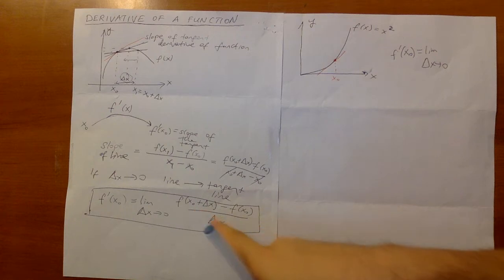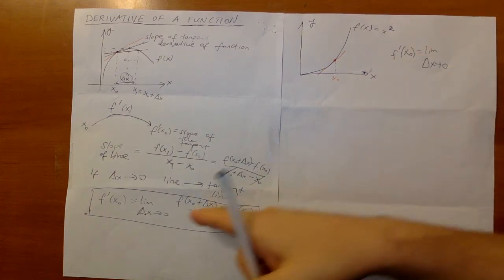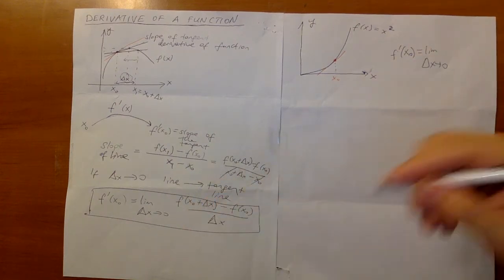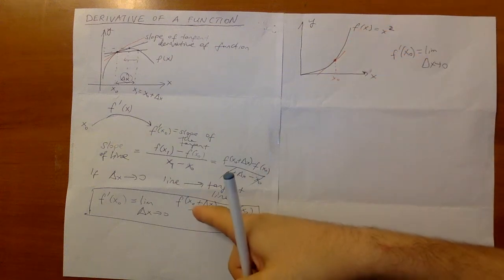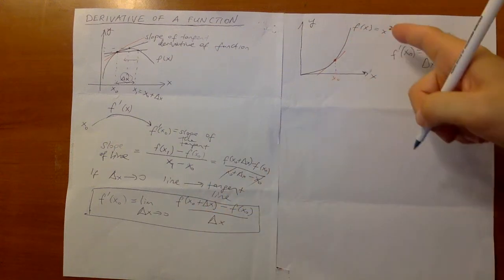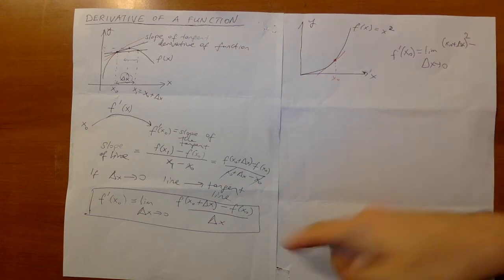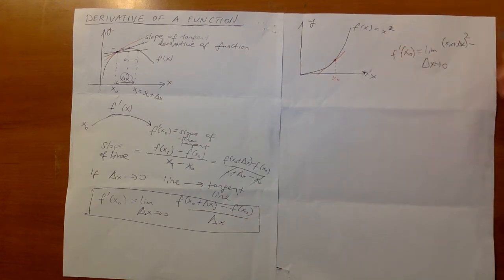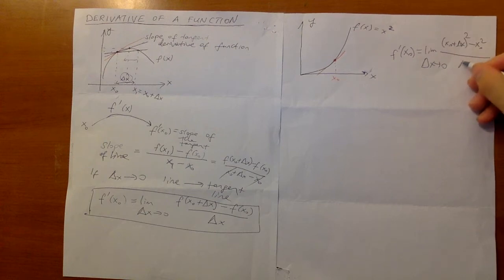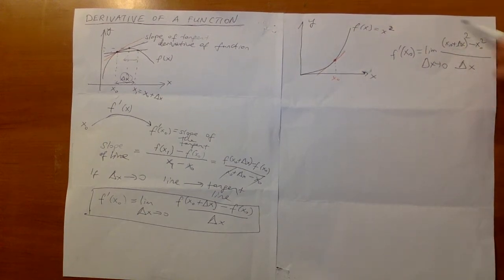We just estimate this expression: f of x0 plus delta x, if you insert x0 plus delta x in the definition of this function, which is x squared, you get x0 plus delta x squared, minus f of x0, which is x0 squared for this example, divided by delta x. We need to find the limit of this expression.